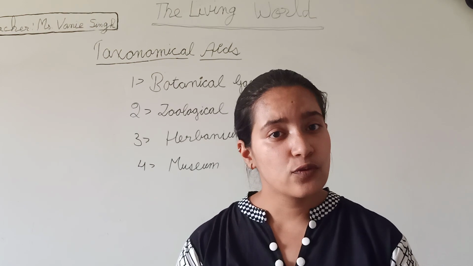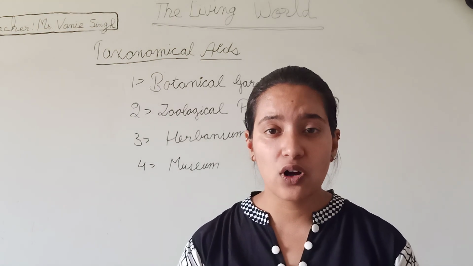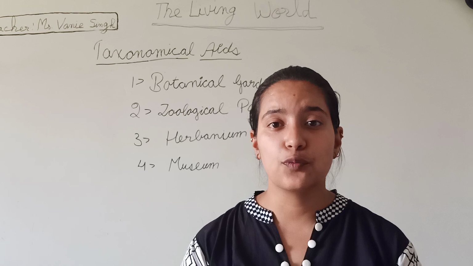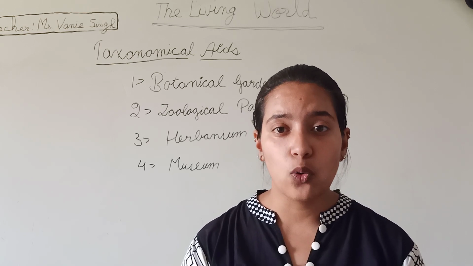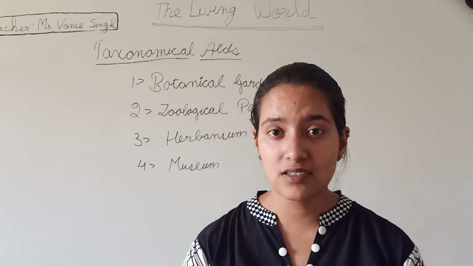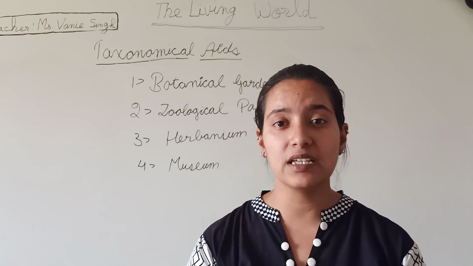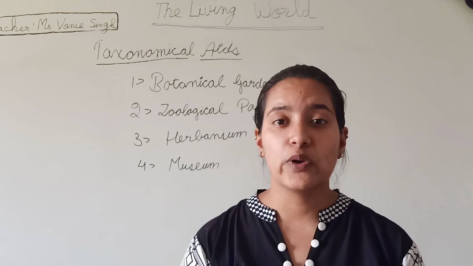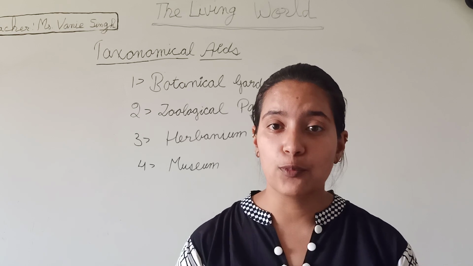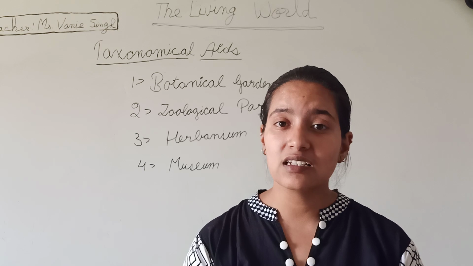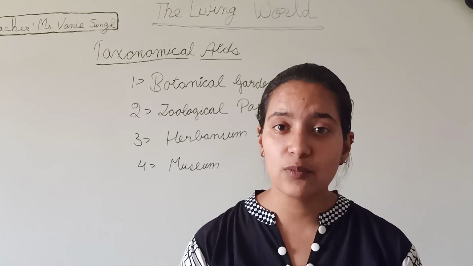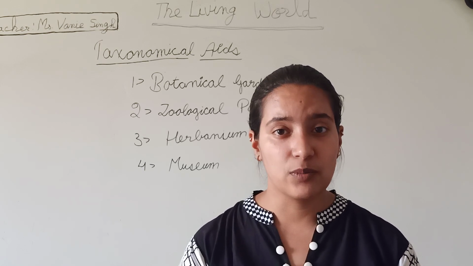Now, why is it famous? It is famous for the great banyan tree because it is 280 years old. First point will be this, and the second point will be that it has 2800 prop roots. Because of these two reasons, the Indian Botanical Garden, or we can say Acharya Botanical Garden, is famous.